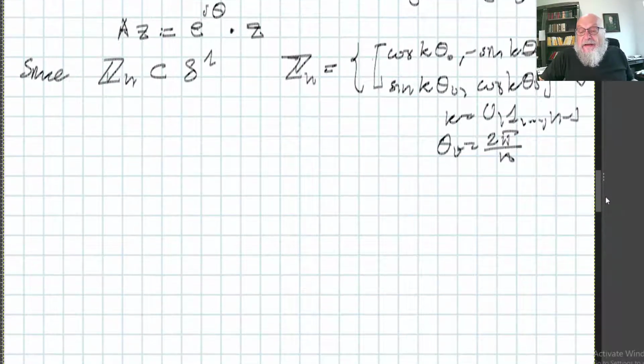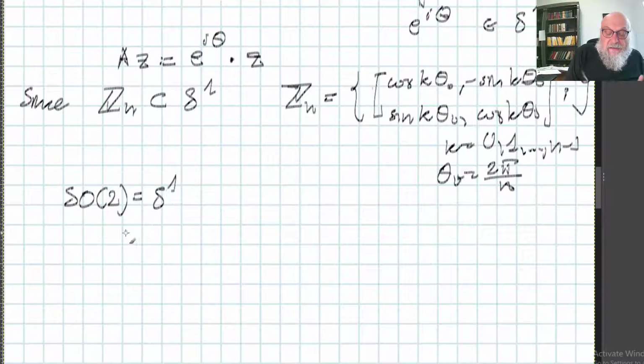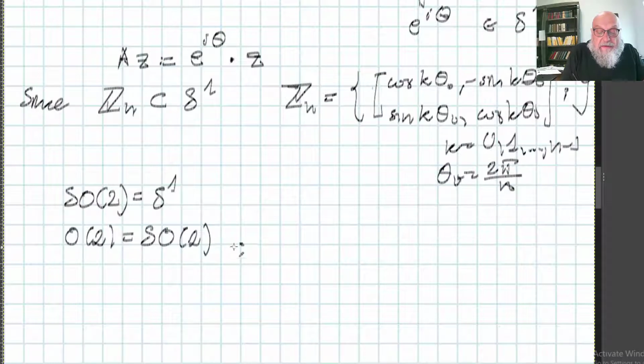As you see, SO2 is identified with S1. So what about O2? O2 can be written as SO2 times kappa, all the matrices.